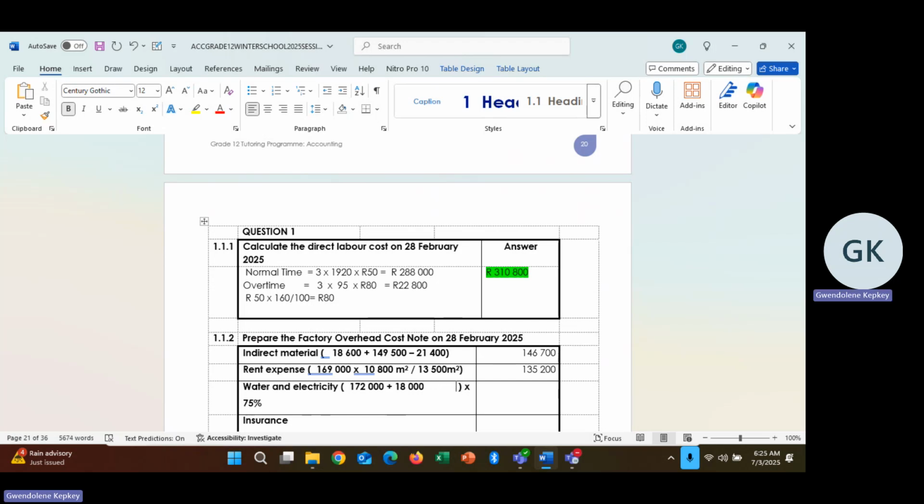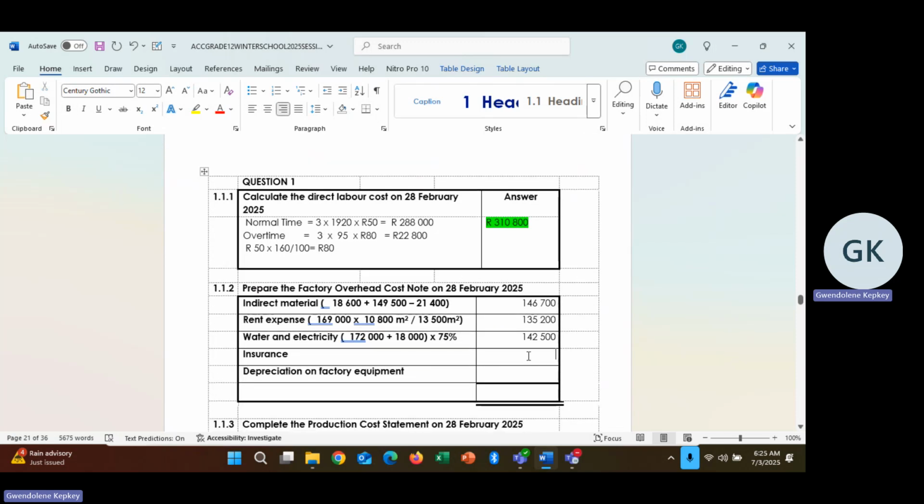What's the next step? I need to multiply that with 75%. If I do so, I come to a rand total of 142,500.